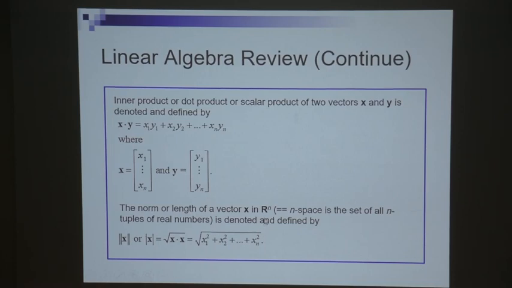The norm or length of a vector x in Rm, where R refers to the real space, and Rm is the set of all m-tuples of real numbers. The norm or length of a vector mean the same thing. It is equal to the square root of x dot x, which is the square root of x1 squared plus x2 squared plus up to xm squared.